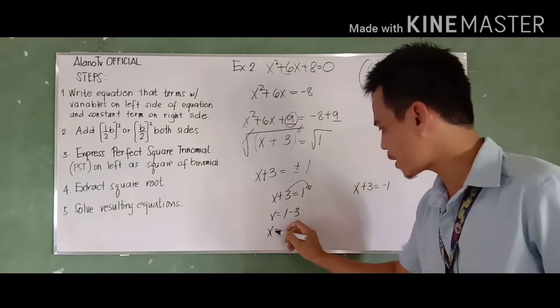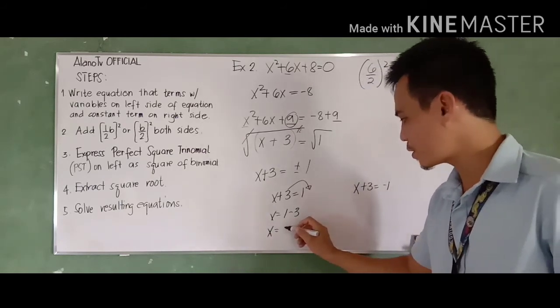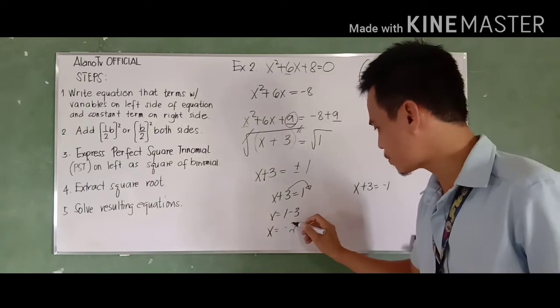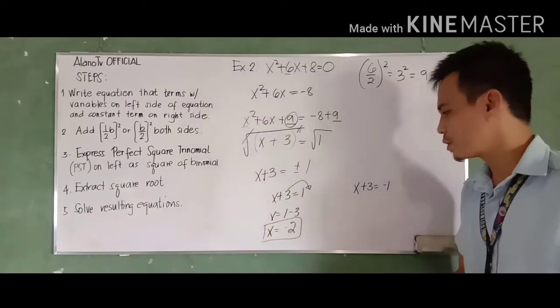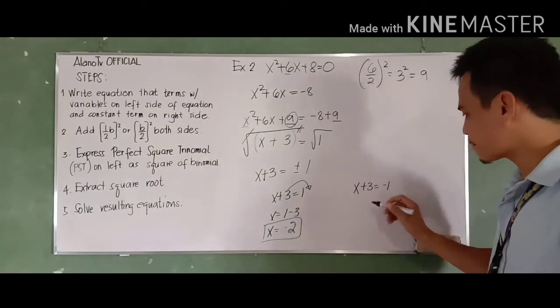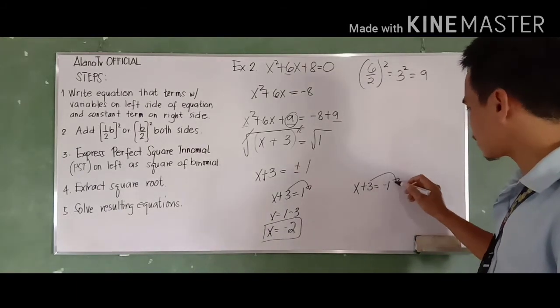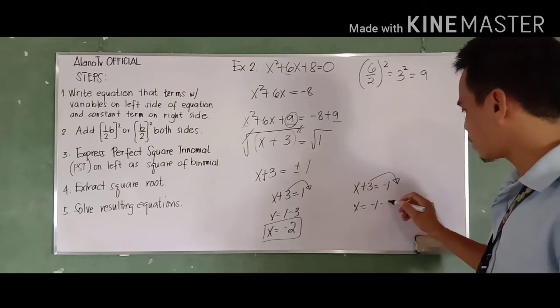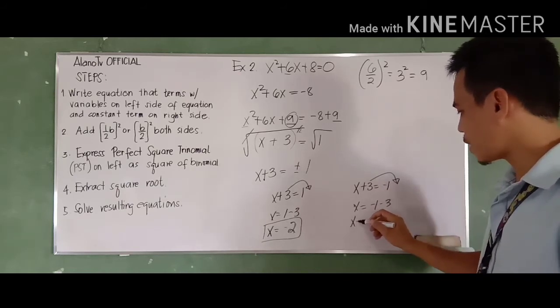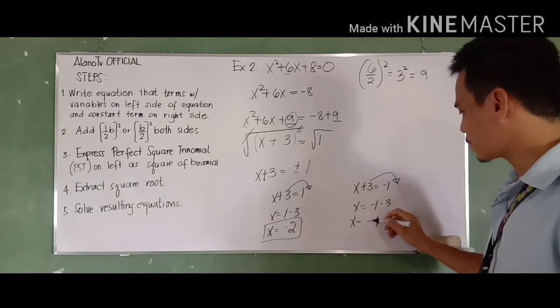So therefore, our x there is, yes, very good, negative 2. Our x is negative 2. And on the other side, transposing 3 to the other side, we have x is equal to negative 1 minus 3. So therefore, our x is negative 4.